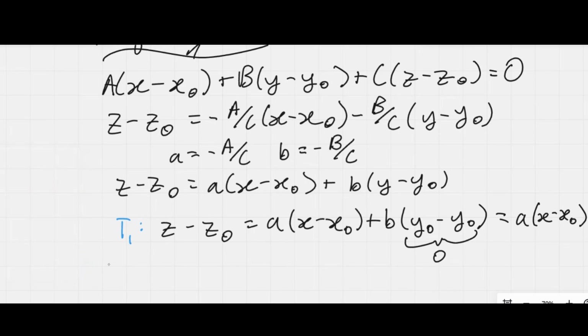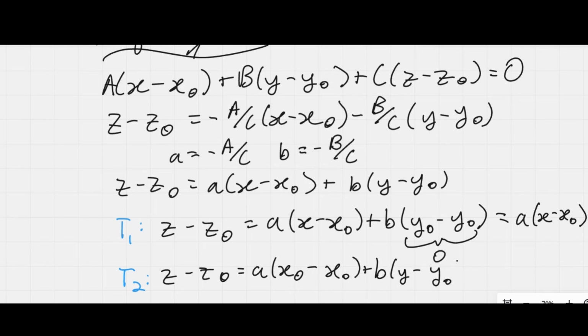All right, we can do the same thing for tangent number 2. Tangent number 2 is going to be z minus z naught is equal to a(x naught minus x naught) plus b(y minus y naught). Again, we can say that x naught minus x naught is equal to 0.